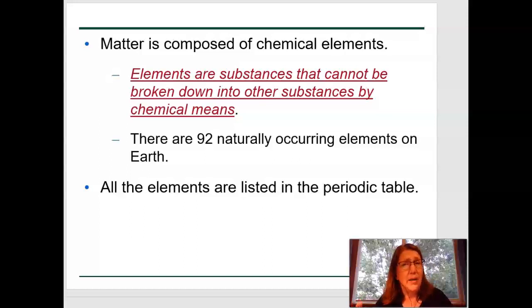There are actually some other elements that they've only seen in a laboratory situation because they break down pretty quickly. So all of the elements are going to be listed in the periodic table. We're only going to focus on some of them, like carbon, and compounds like water, H2O. So we'll talk about that more in a second.